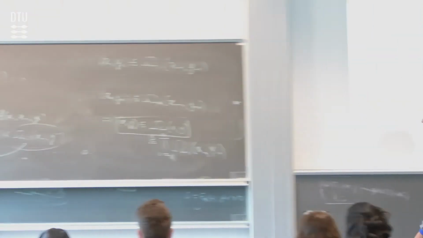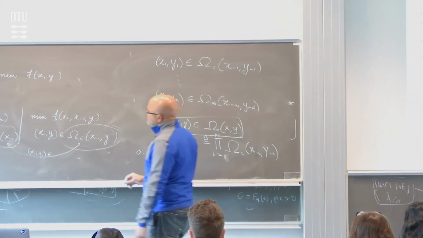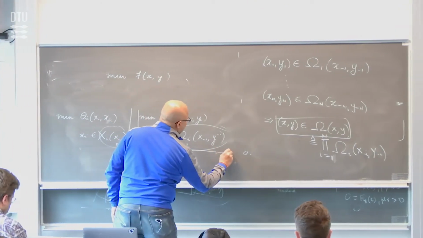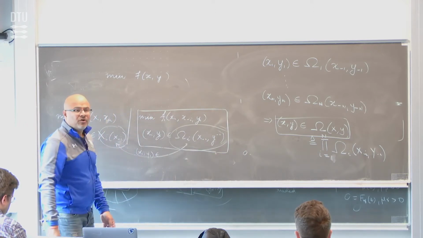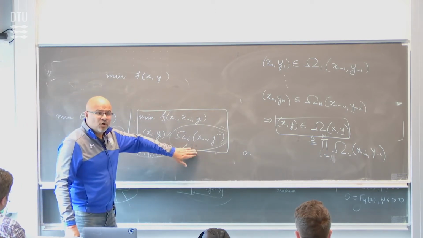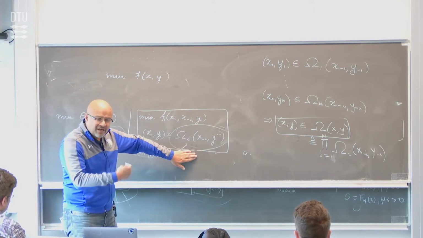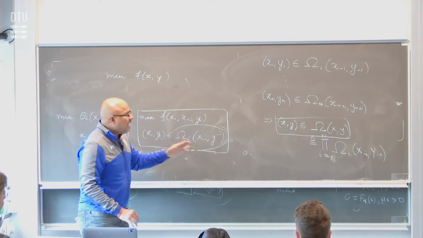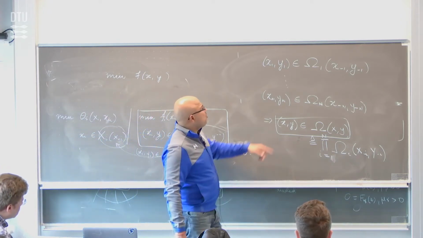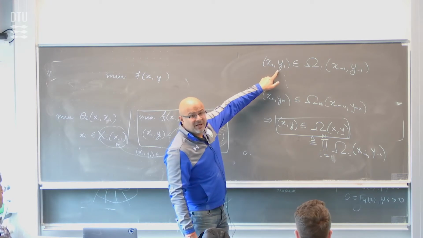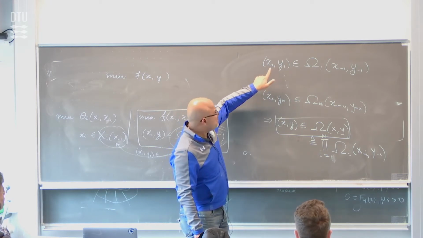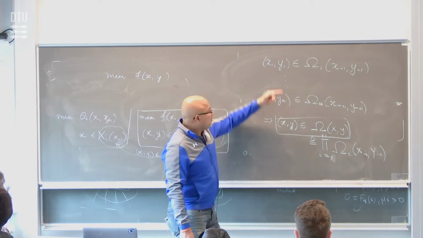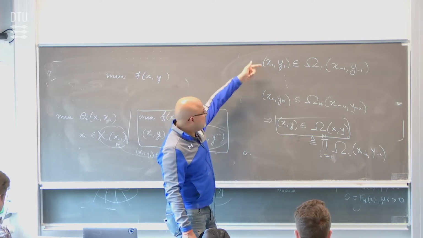Not clear? Okay, so let's go back to this. If you're looking at this problem, this is the agent problem for the multi-leader, multi-follower game. All the nastiness is encoded here, the second level problem, everything. At equilibrium, what do you need? You need to make sure you're going to have feasibility. Do you agree? So if you have feasibility, you have this holding for all n.